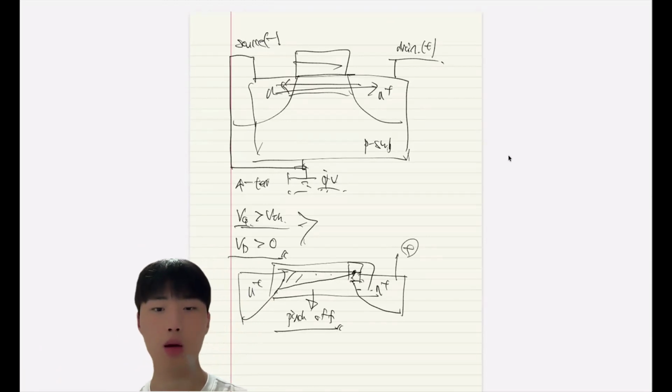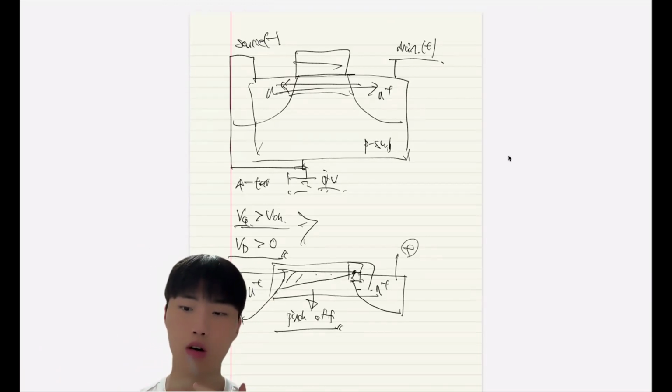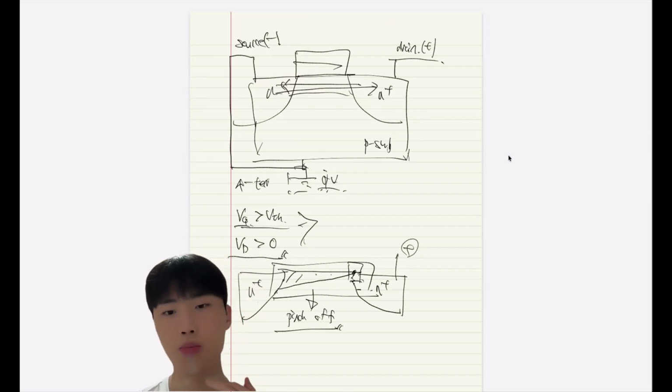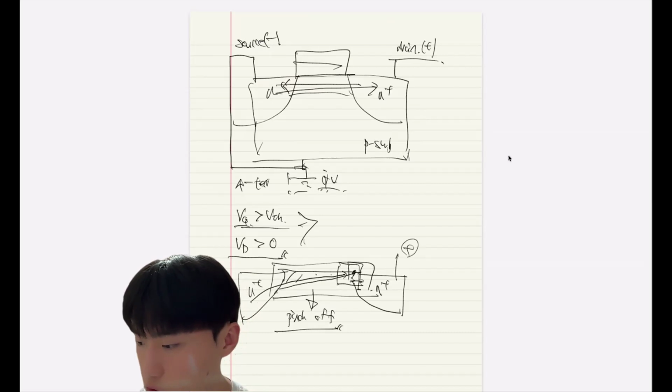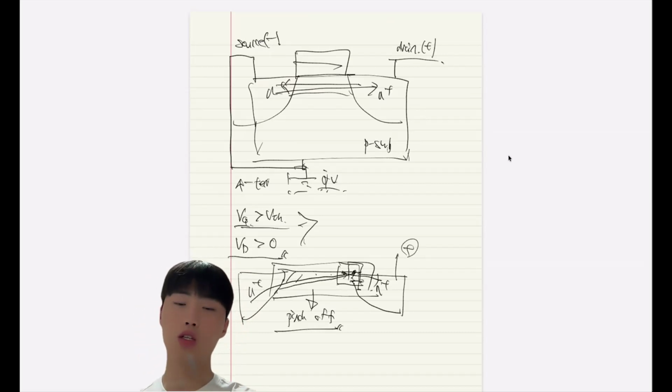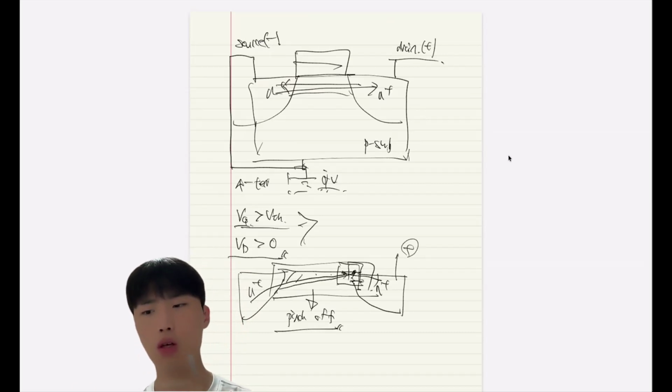And then when pinch off has occurred, the current goes through like this, and on this part the E field moves the electrons here. Then the current has a constant value.